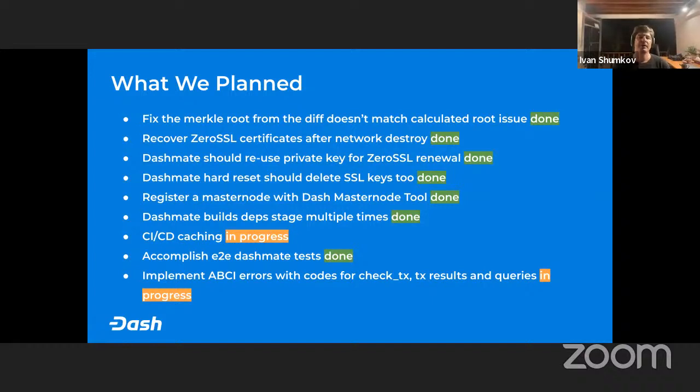Yeah, so as you remember, guys, we updated core on testnet to version 19.2. And this version has a breaking change in the RPC call ProTXDiff to obtain the simplified masternode list on the client side.